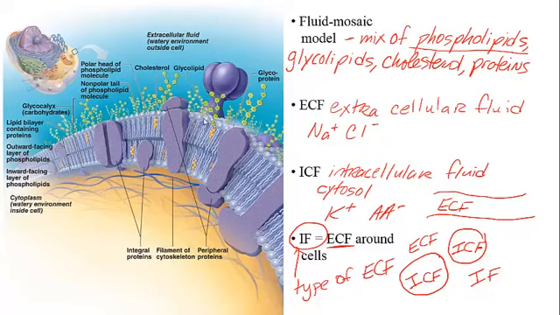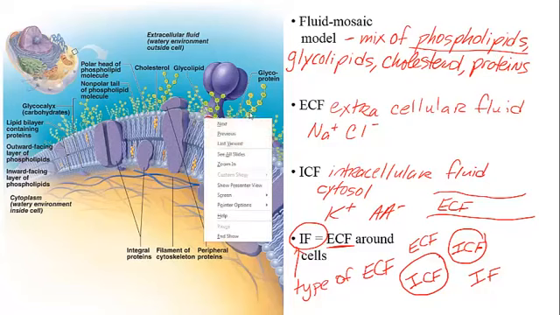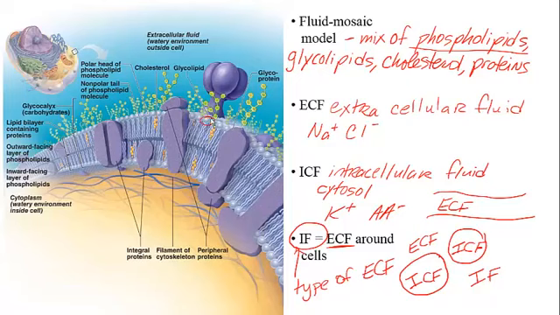A phospholipid is going to have a circular area facing the outside, and this circular area is the polar hydrophilic region. So it means water loving. It's a polar head, and this polar head is hydrophilic, so it's naturally going to orient itself towards the water.